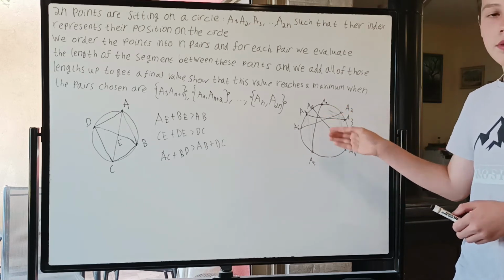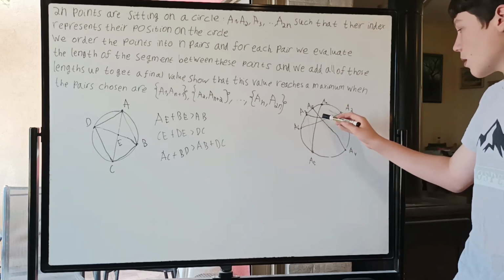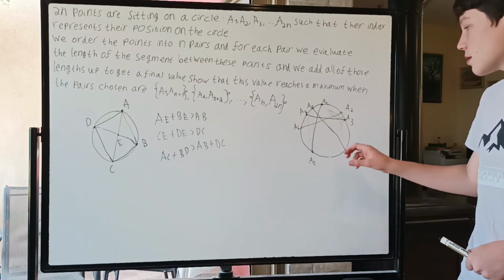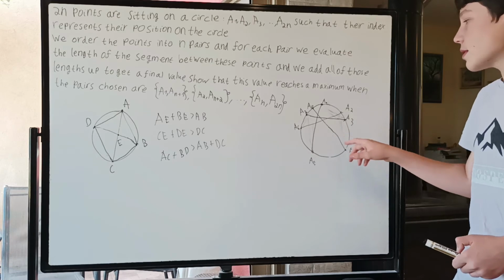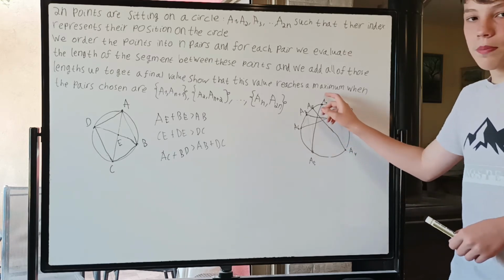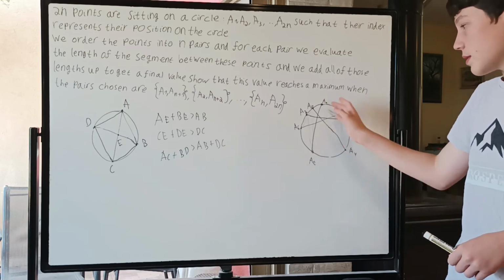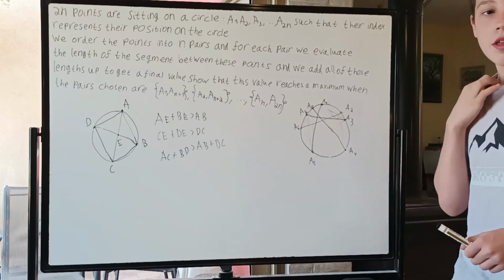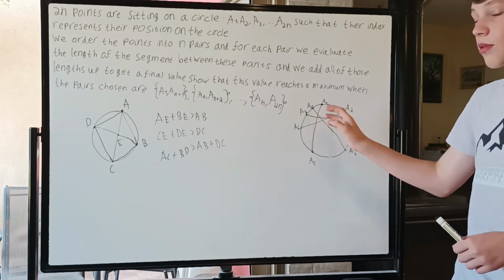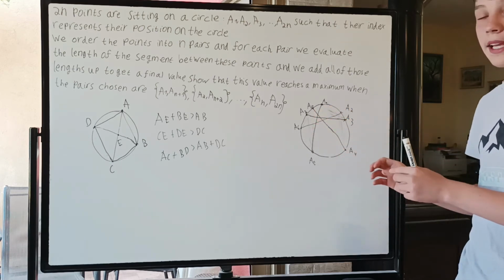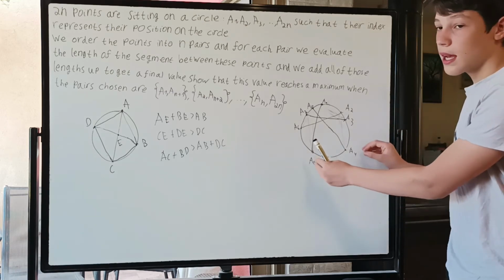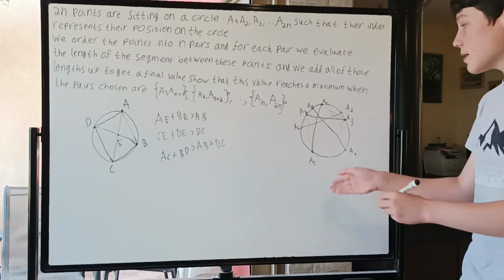So we want to take A1 and connect it. Here, as you can see, we're passing the segment A1, A5, and the three other segments are A4, A8, A2, A6, A3, A7, so that on every segment, the two points are on opposite sides of the circle, right?